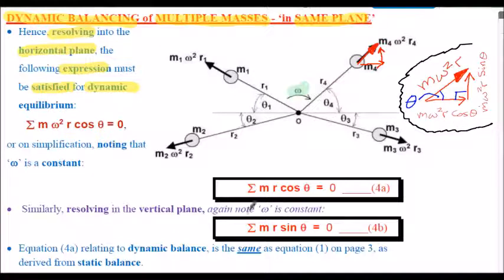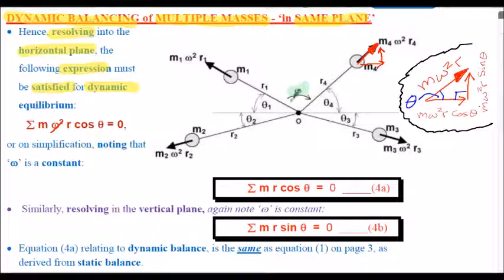What we're doing is summating all the horizontal components of the centrifugal force to give us equation 4a, as they've called it there. So 4a, the sum of mr cos theta, is equation 4a. What they've done is cancel out the omega squareds from each of the terms, because of course omega squared is common to all the terms; all the masses are subject to the omega squared term. So they can just be cancelled out.